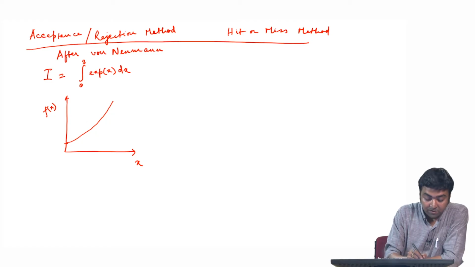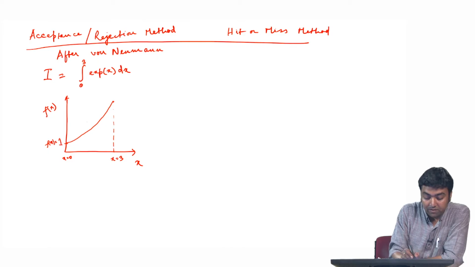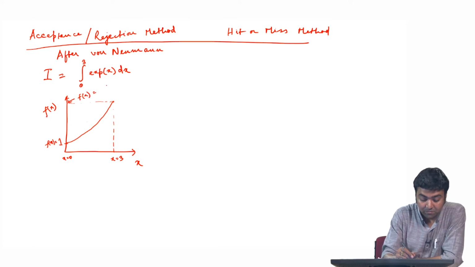This is my x equals 0 and this is my x equals 3. Similarly, here my f of x is equal to 1 and here my f of x is equal to exponential 3.